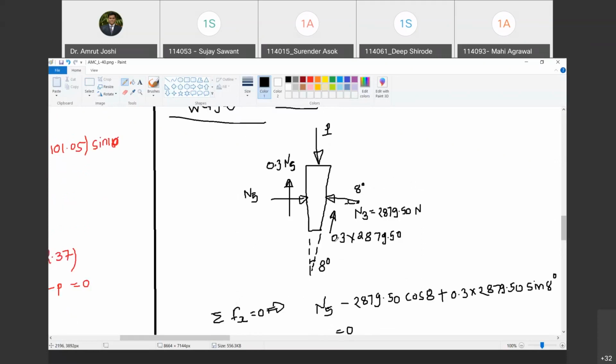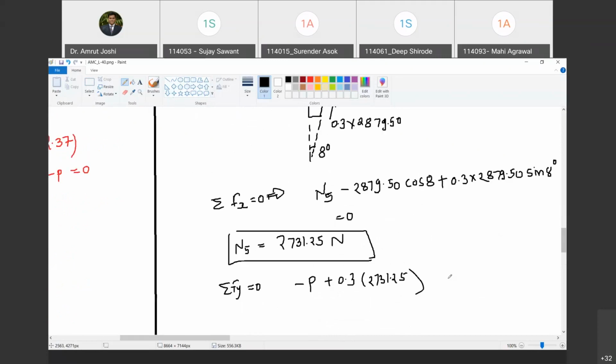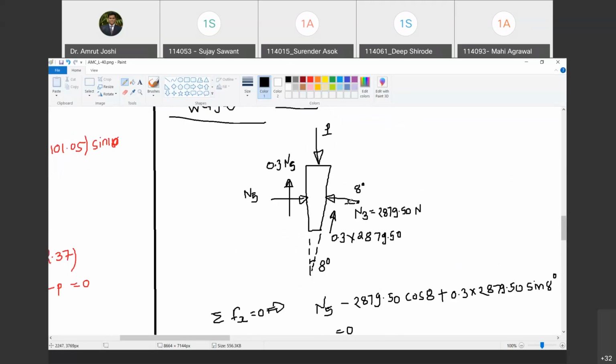Then you are going to have the component of this, that is 0.3 into 2879.50 cos of 8 degree. Okay. Yes, sir. So plus 0.3 into 2879.50 cos of 8 degree. Happy? Yes, sir. And then you are going to get the sine component of this one.